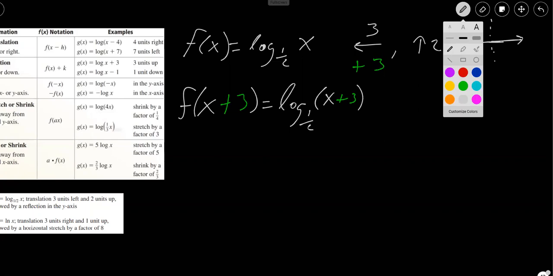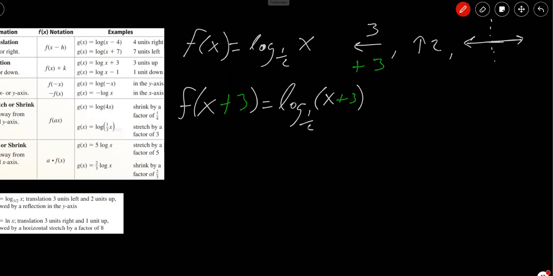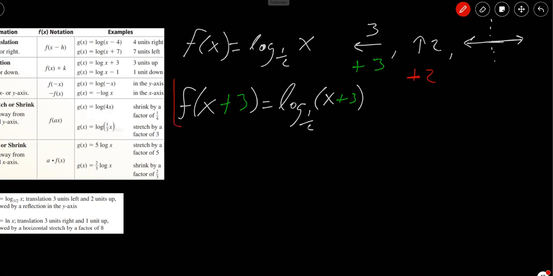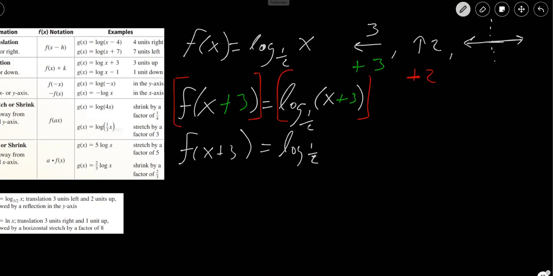Our next one, we're moving up by 2. Remember, up by 2 is just going to be adding 2 to the entire function. So on step 2, my entire function is now this after step 1 is done. So it's going to be f of x plus 3 on both sides of the equation. I've added that 3 to the x.